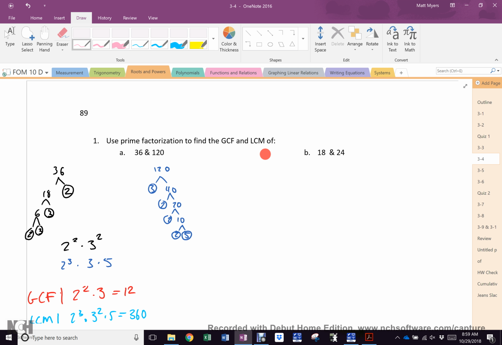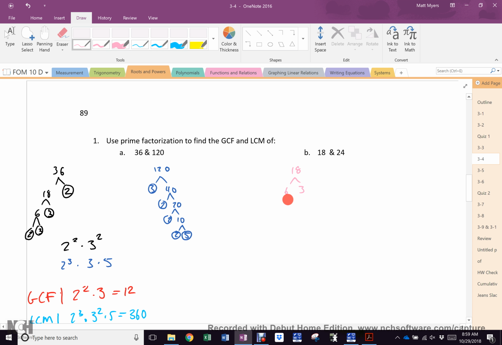Dan, I'm about to go over. But I'm more than willing to talk to you right now. It's up to you. So for the LCM, count everything once. So it's 2 cubed, 3 squared. Yep. All right. 18 is 6 times 3.